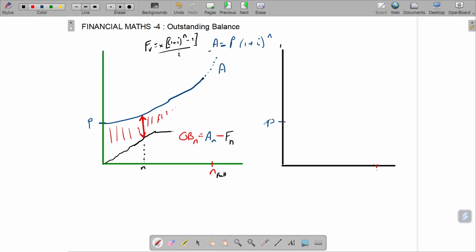Now, if we kept the same repayments, it would take longer.